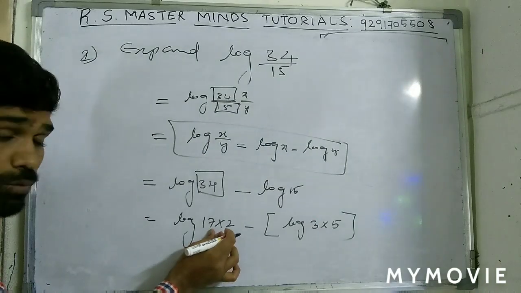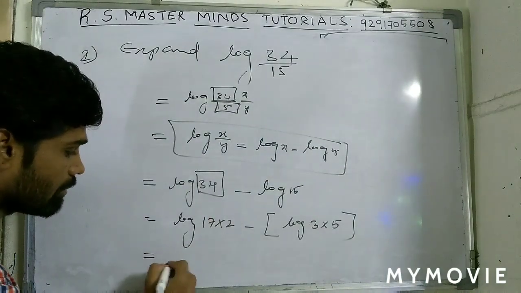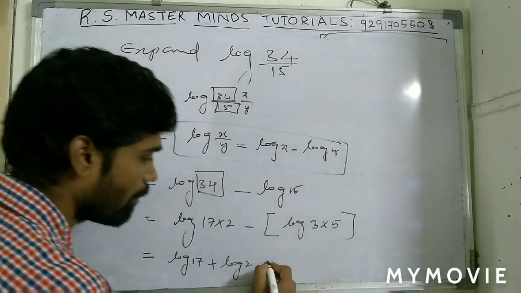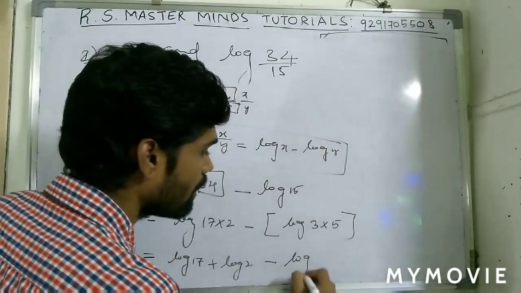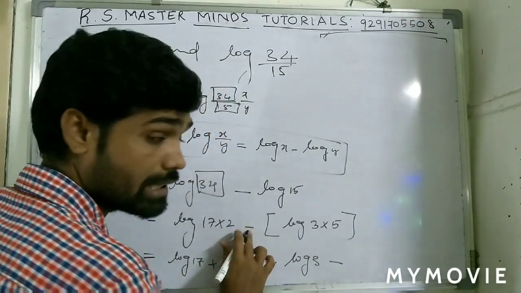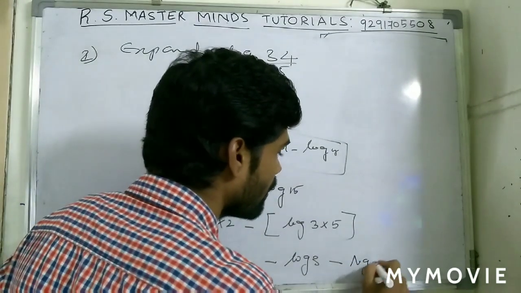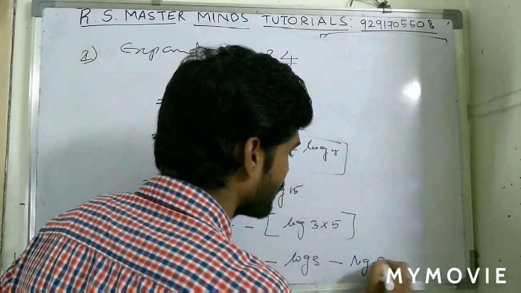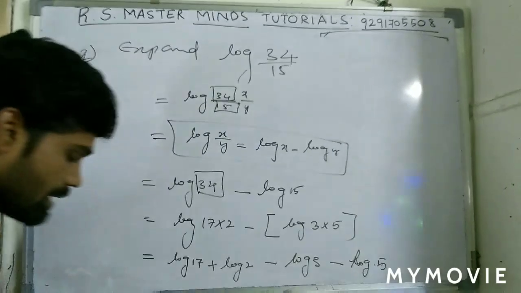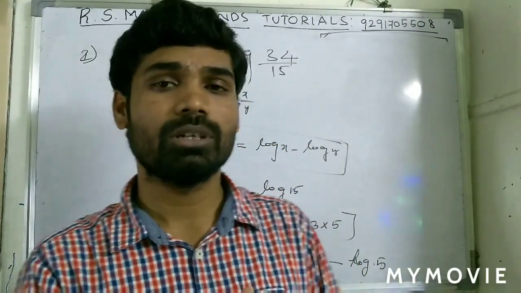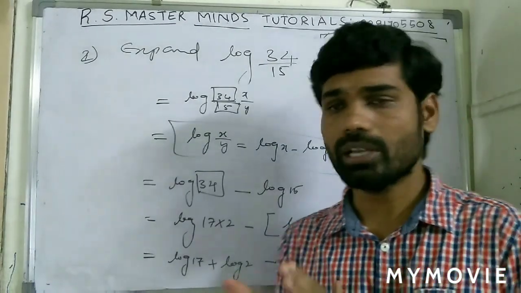Again it is a product, and a product can be written as a sum. So log 17 plus log 2 minus log 3 minus log 5, because minus into plus becomes minus.